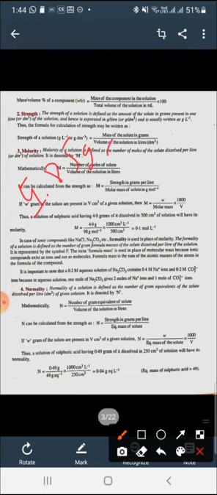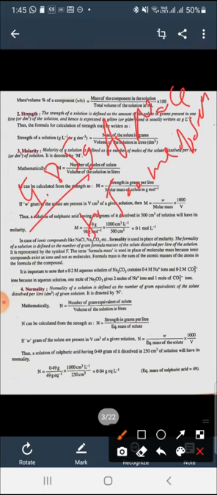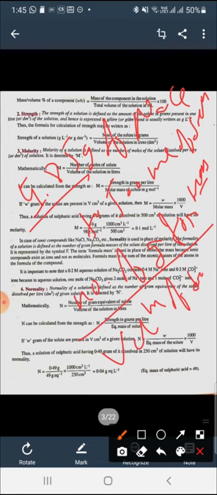Let us take an example. 5.85 gram of NaCl is dissolved in a particular solvent to form 500 ml of a solution. Given mass 5.85. In formality, instead of number of moles of solute, we will write number of gram formula masses, upon volume of solution.